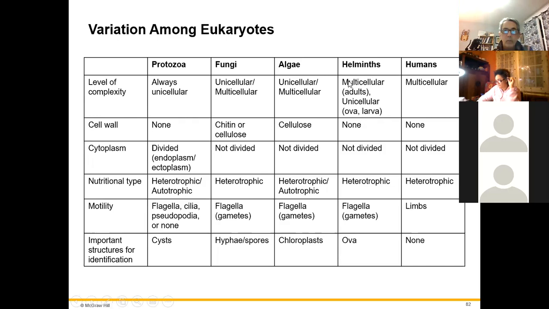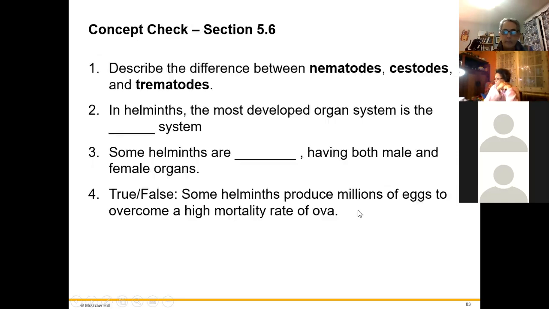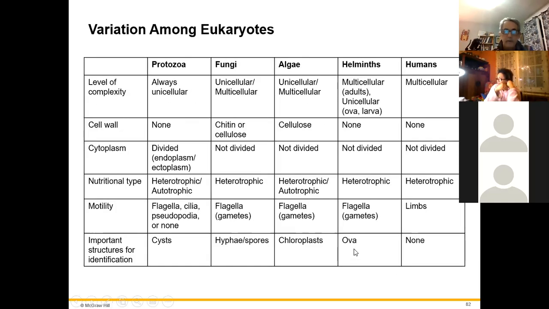Helminths are multicellular, though their reproductive stage can be a single cell. They have no cell wall. Cytoplasm is not divided. They are heterotrophs. They can have flagella. The ova, the egg, is an important identifying characteristic.